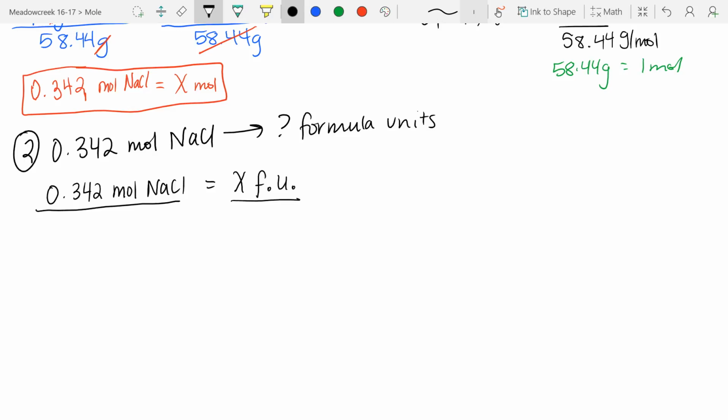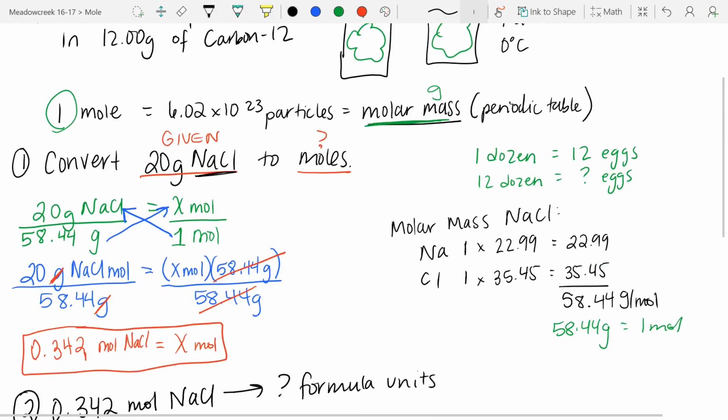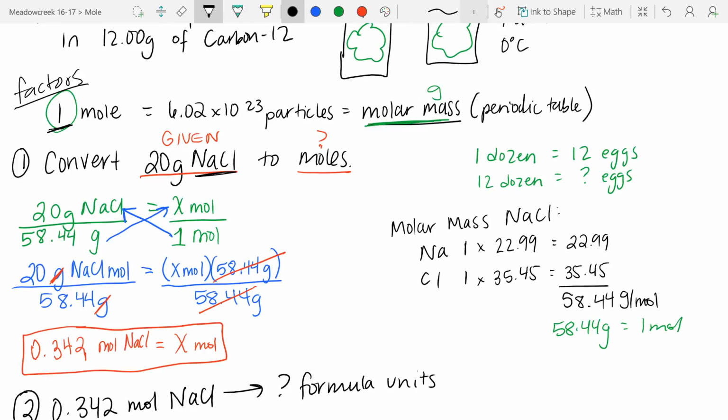Because I have moles on the top of my fraction here, I'm going to have moles on the bottom as well. And anytime I write mole in the denominator of my fraction, put a 1 beside it, because all of my conversion factors up here, these are my factors, okay, are all equal to 1 mole.